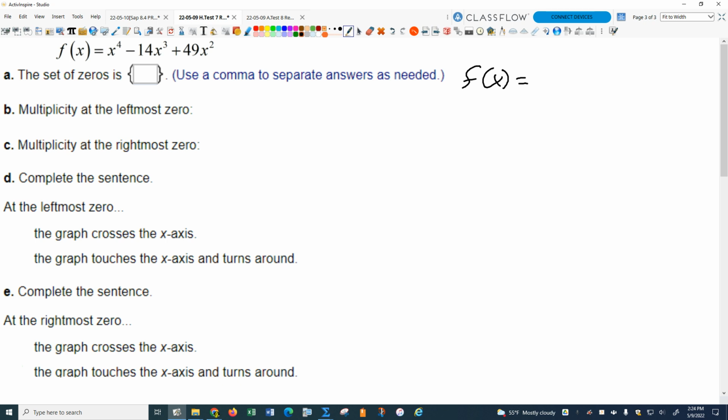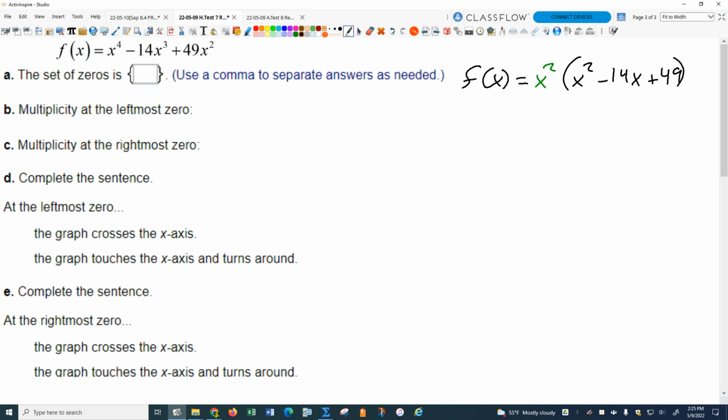Okay, so we could factor out an x squared, leaving us with what trinomial if I undistribute an x squared? Ella, what are we left with if I factor out an x squared? Plus 49. You're already thinking ahead. Yeah, there you go. Plus 49.